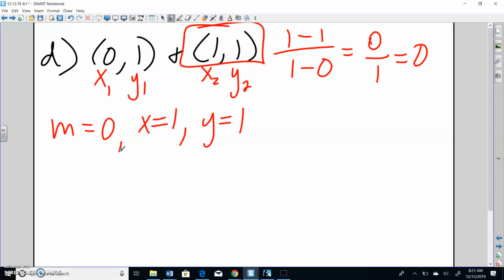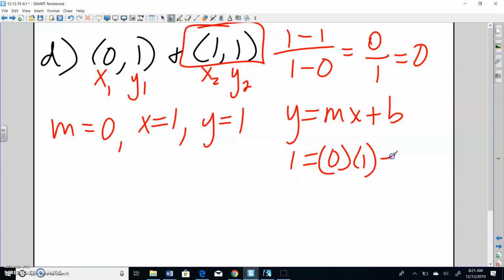Taylin, what am I going to do now? So what is that going to look like? And 0 times 1 is just 0, right? So that's gone, so b equals 1.